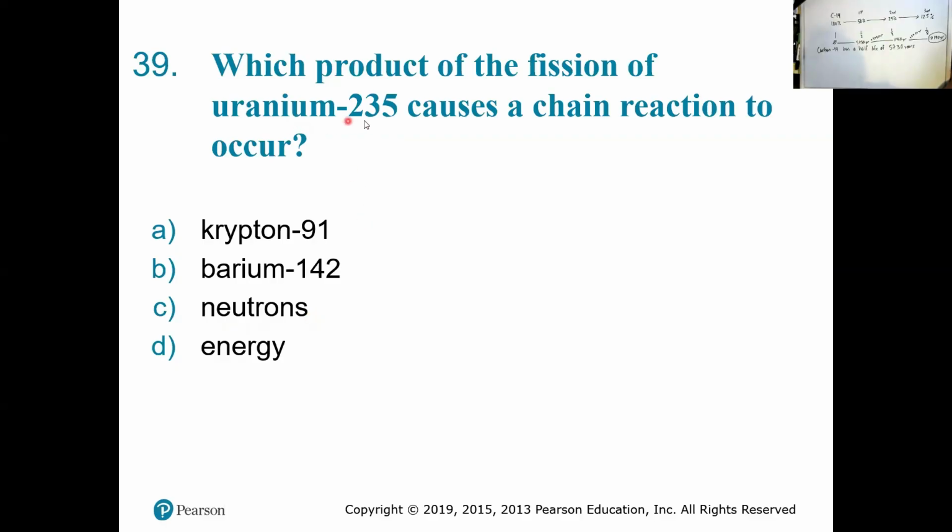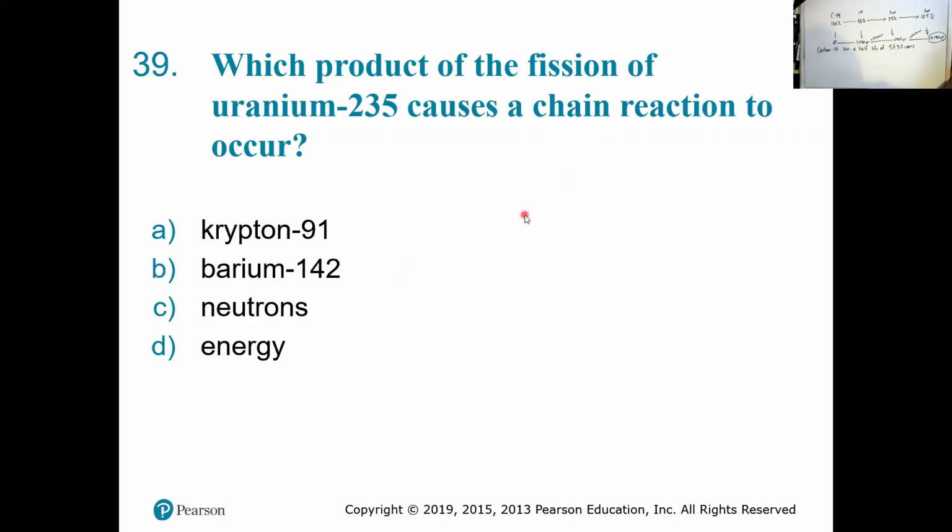When your uranium-235 splits apart, it's going to split into two smaller nuclei, and it's going to produce 3 neutrons. And each of those neutrons is going to go find another uranium-235 to split apart. Okay, so as long as you have an abundance of neutrons, your chain reaction is going to continue to progress.